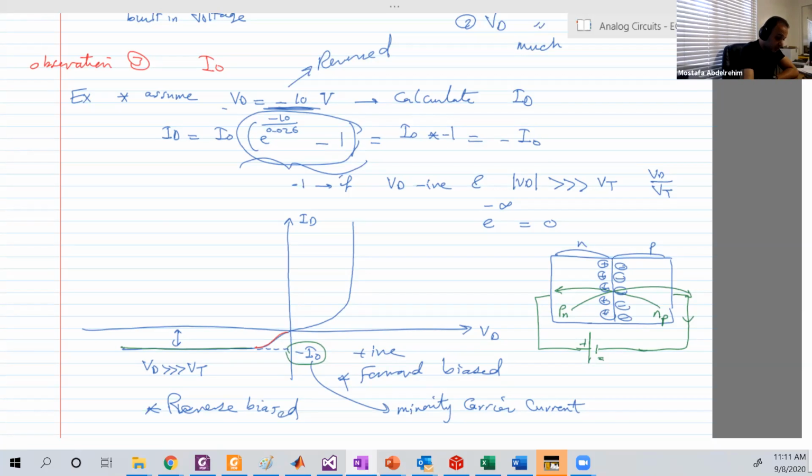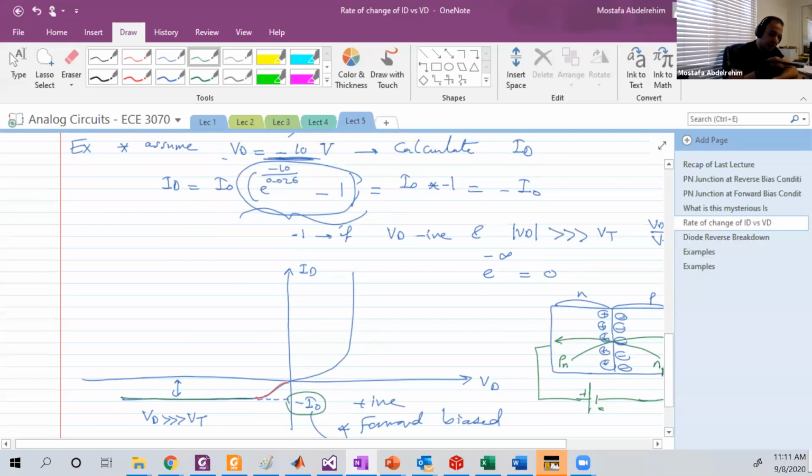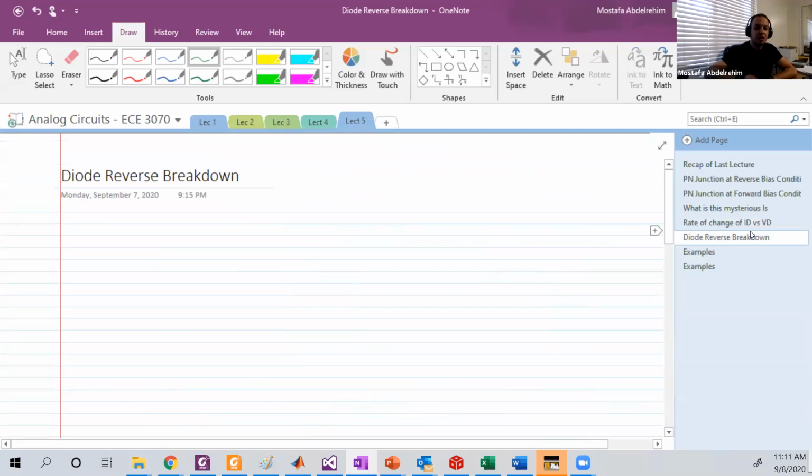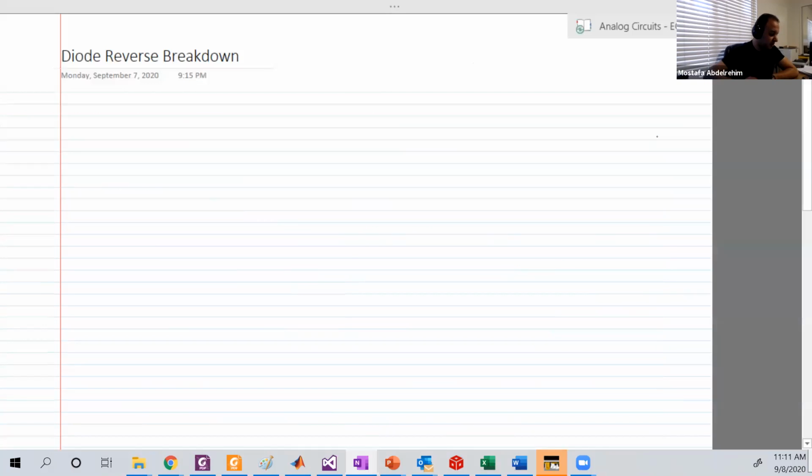One last thing, and next time we will take very nice examples. What's called diode breakdown, diode reverse breakdown. So basically, from the name, it's a breakdown and it's in reverse.